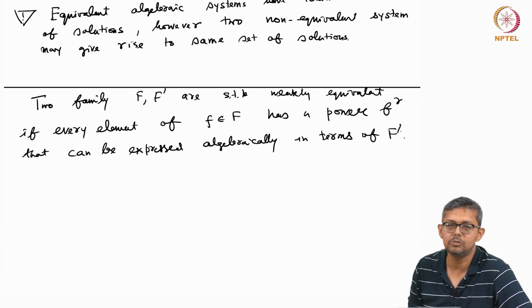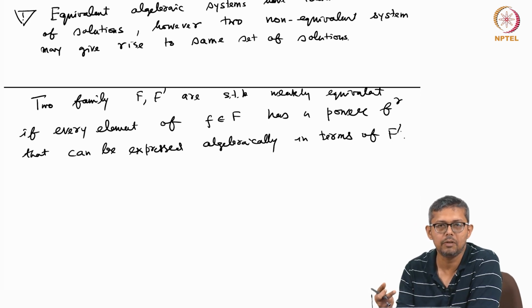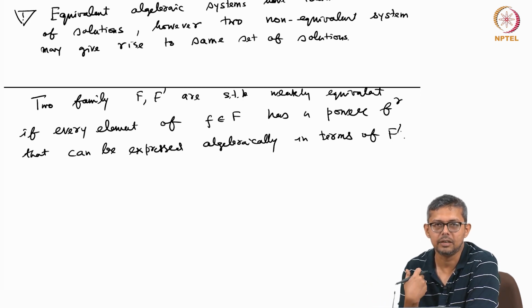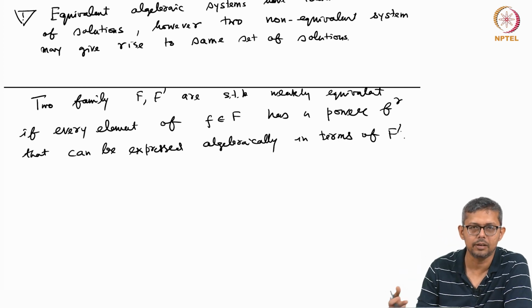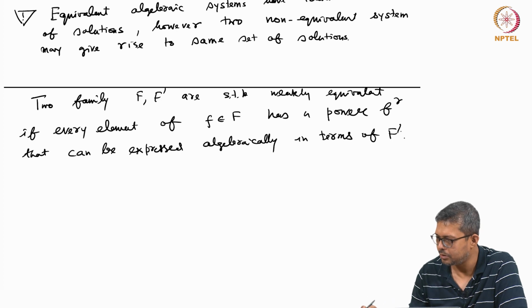So in some sense, since you know commutative algebra, the ideal generated by F and the ideal generated by F prime: any element in the ideal generated by F is in the radical of the ideal generated by F prime. So we will come to that. That is the Hilbert Nullstellensatz. We are going towards that.